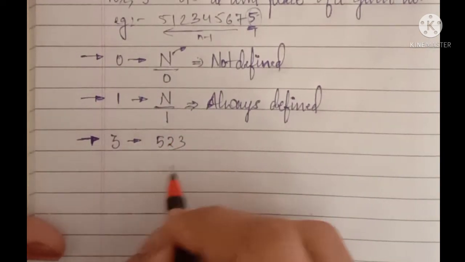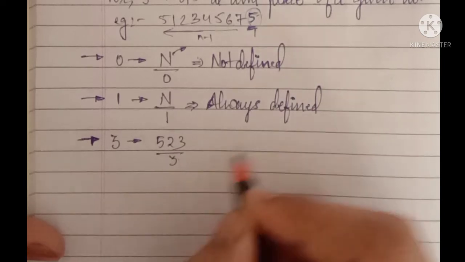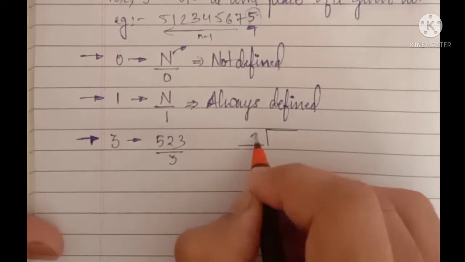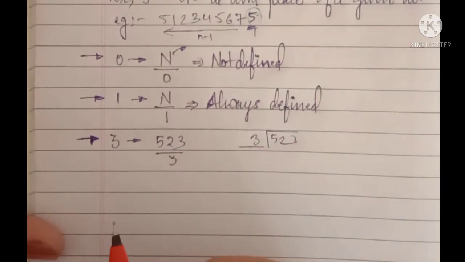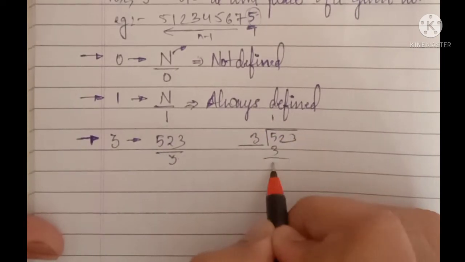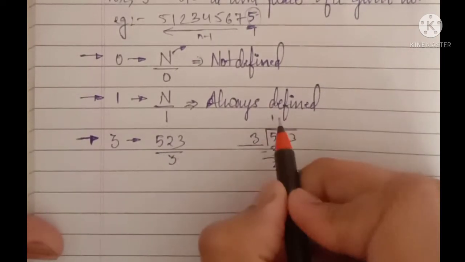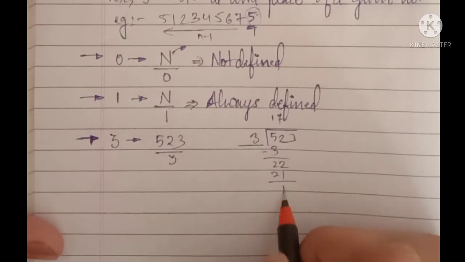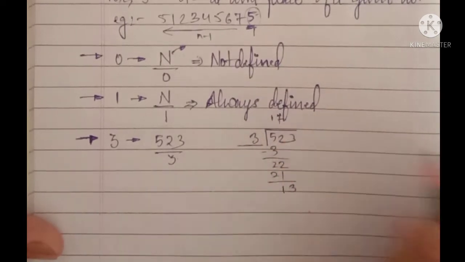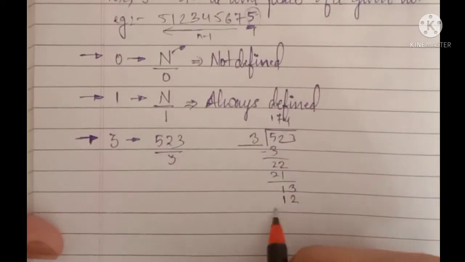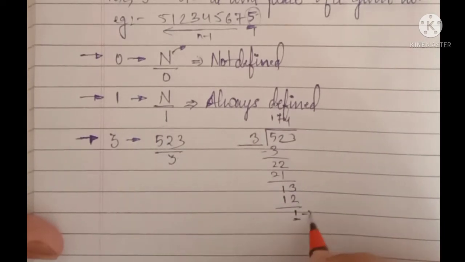Is this number divisible by 3? Let's check. Normally we learn since childhood to divide: 3 ones are 3, then 5 2 3, 3 sevens are 21, remainder 13, and last 3 fours are 12. This is the remainder, right?